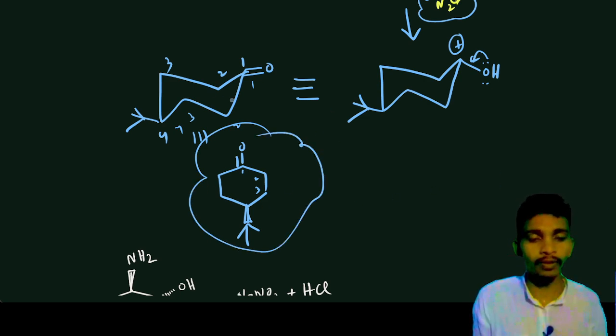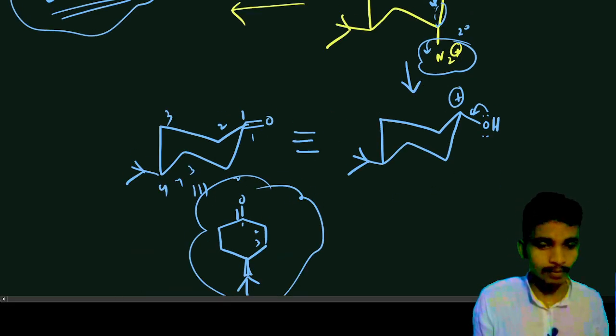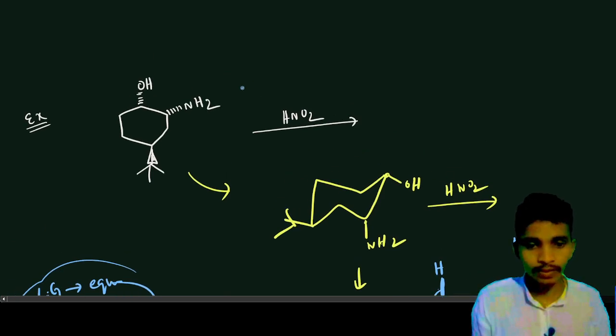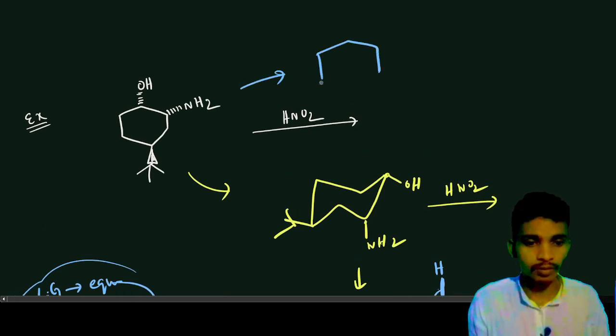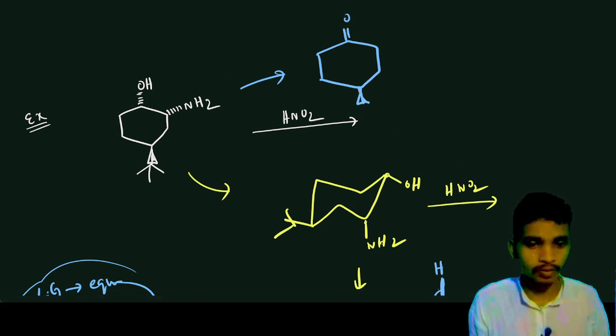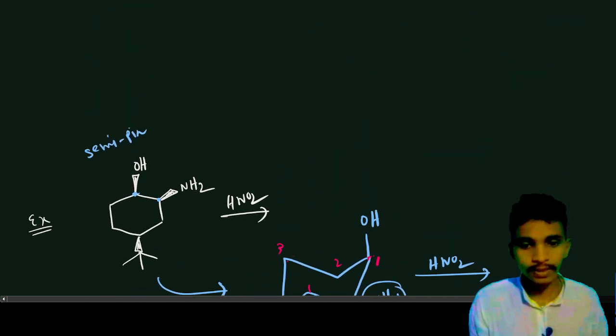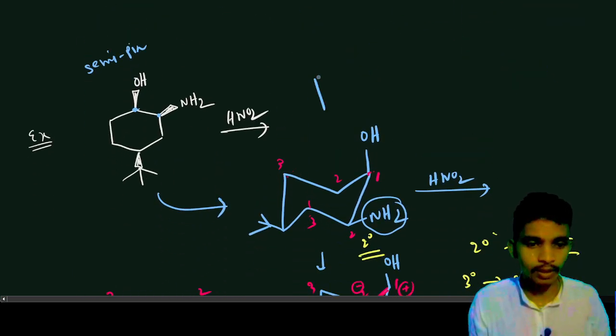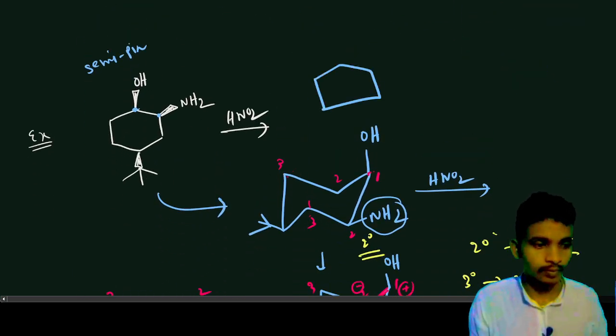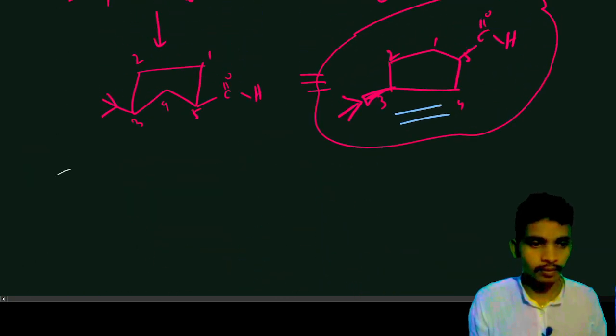Here no bond breaks, and the 6-member ring remains a 6-member ring. This has converted into these groups. For this case, it has converted into the 5-member ring. That is this one.